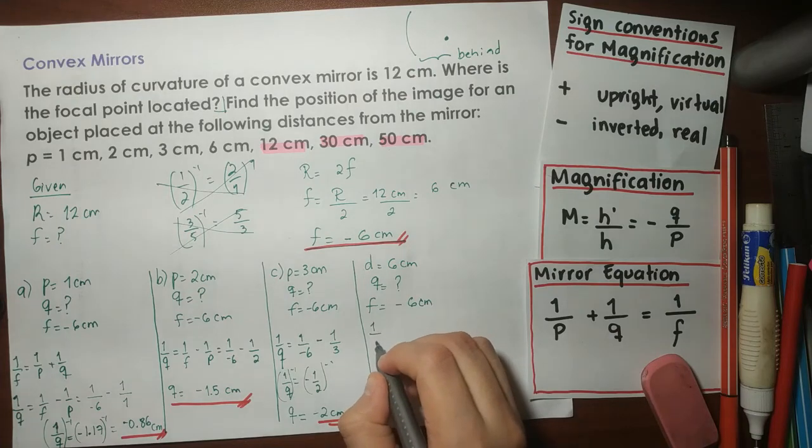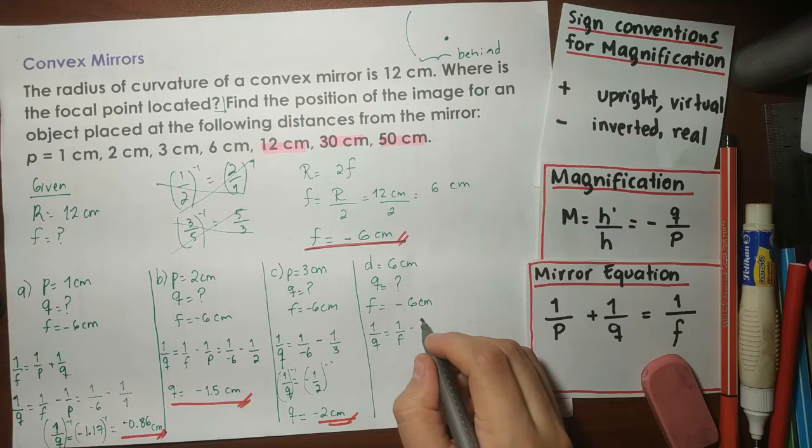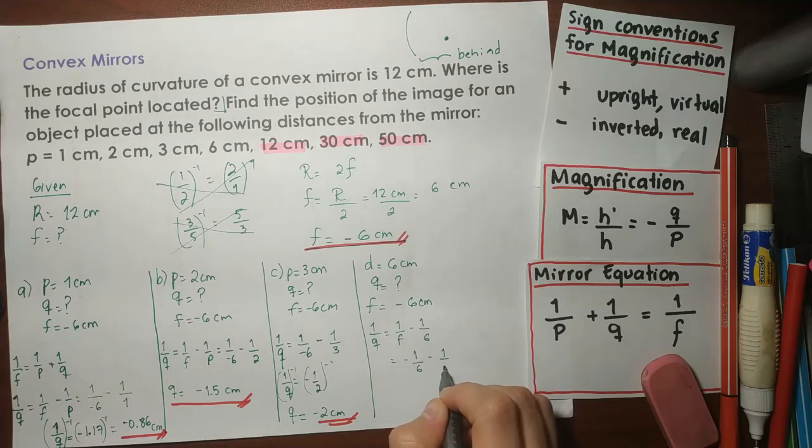So 1 over Q equals 1 over F minus 1 over 6. This is negative 1 over 6 minus 1 over 6. Let's see.